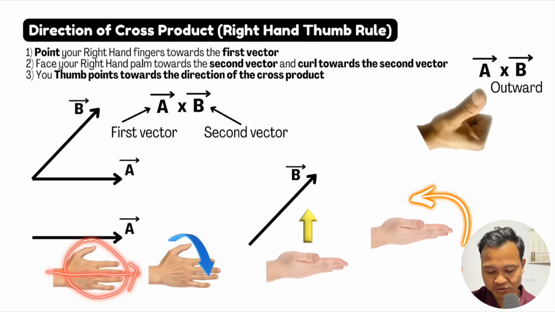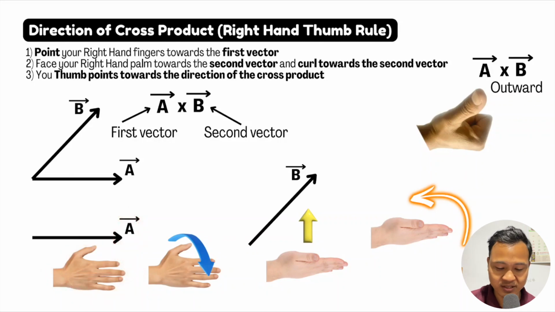Take your right hand and point towards the direction of a. Second step: face your palm towards the second vector.